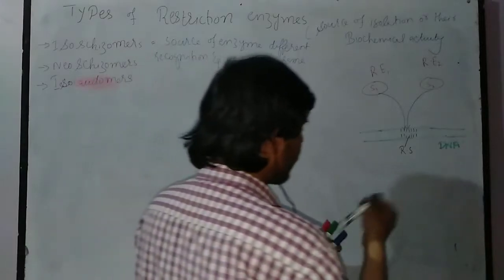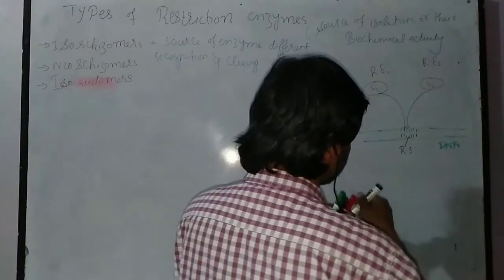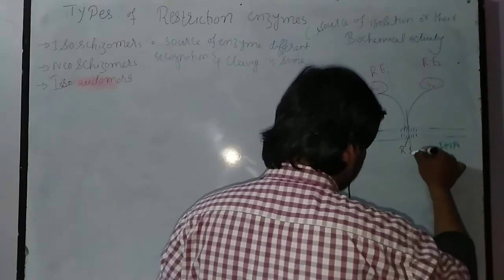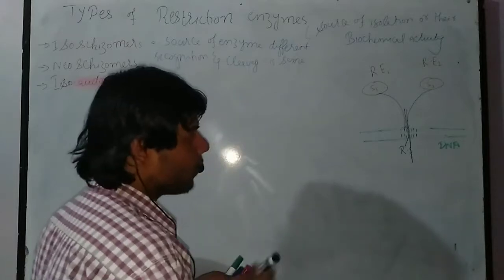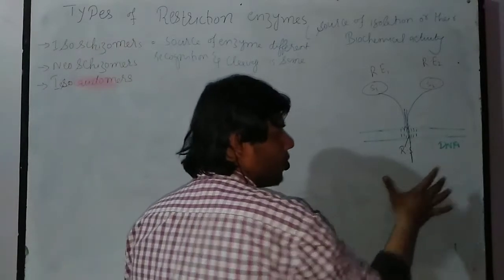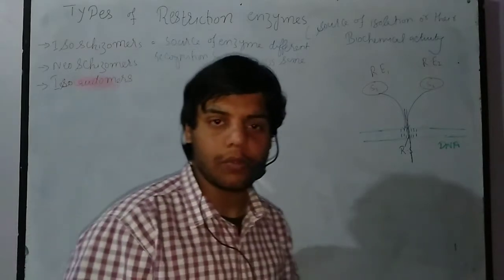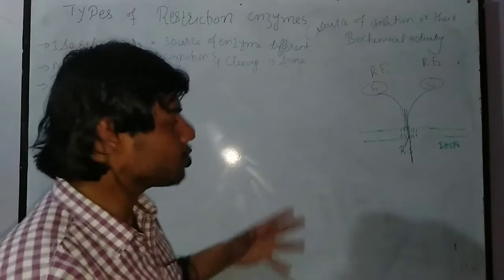So they will make a cut at that specific point. Let's say it makes a cut, as you can see. And after that we get two fragments of the DNA molecule. This is called isoschizomer.